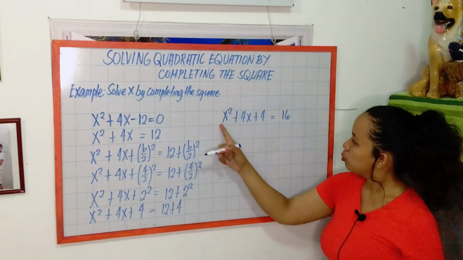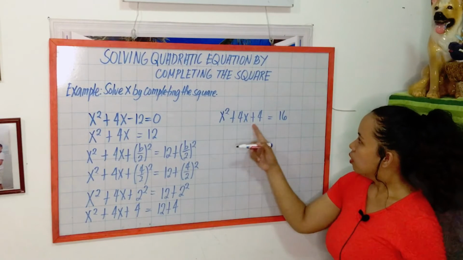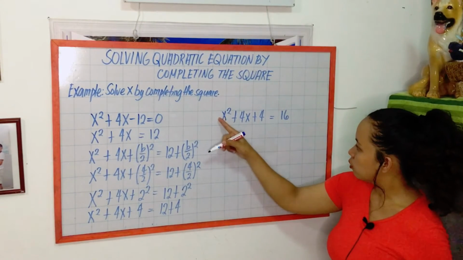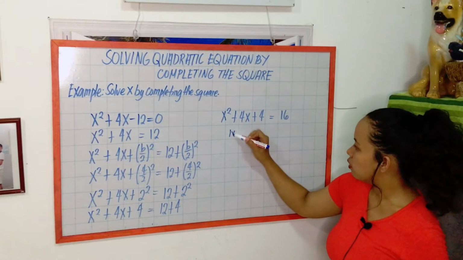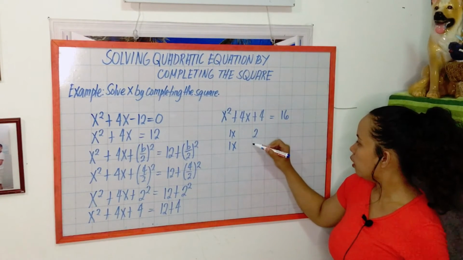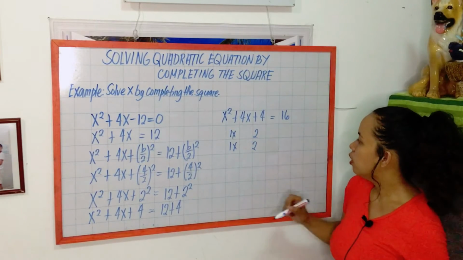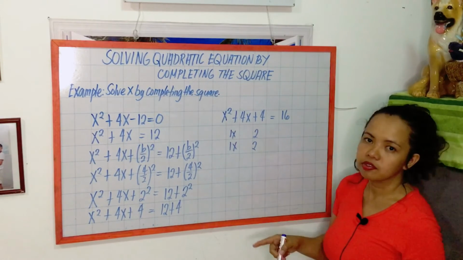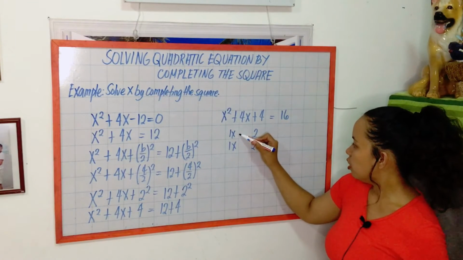Kasi kung ipa-factor mo siya, we will factor this out. Factors of the first term are 1x and 1x. Factors of the last term are 2 and 2. 2 times 2 is just 4. 1x times 1x is just x squared. So, cross multiply natin.